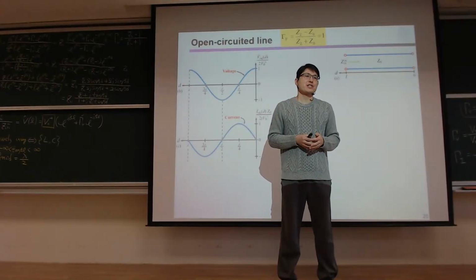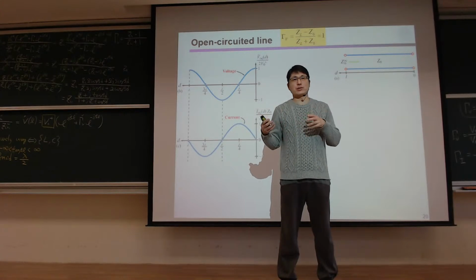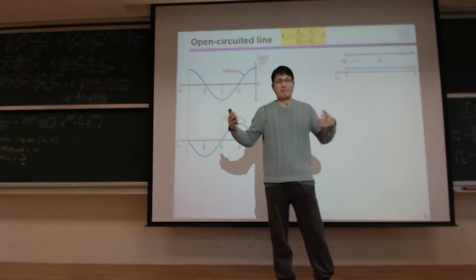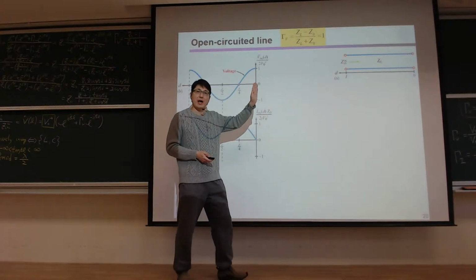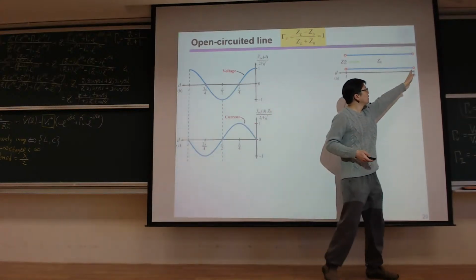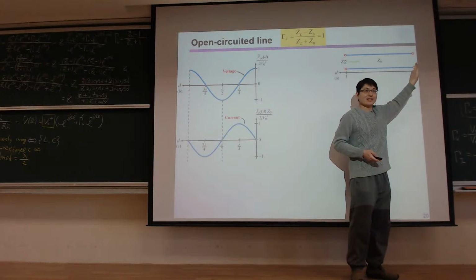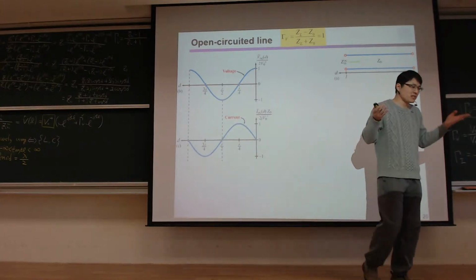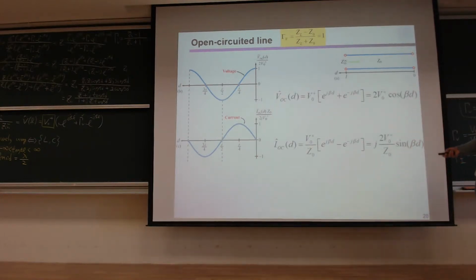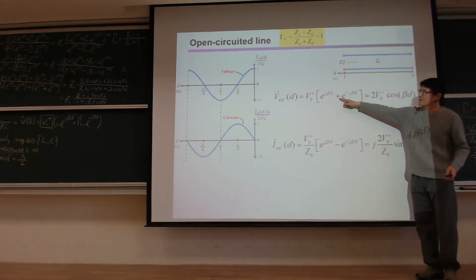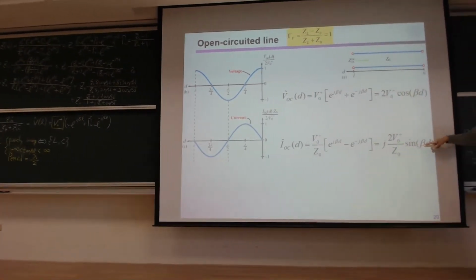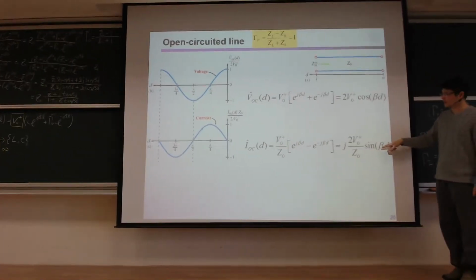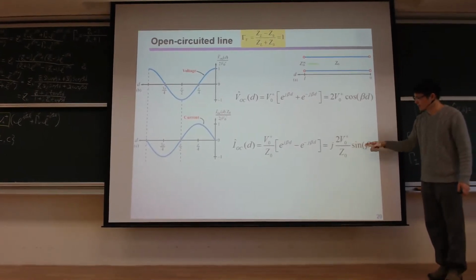So the formal definition for open is your voltage now has the maximum value it can have. But the current, when you have an open, you cannot have current, right? So current has to be 0. So let's check. Just by changing gamma V to positive 1, your total current phasor takes on the form of sine beta d.